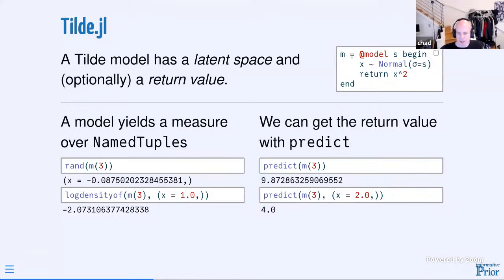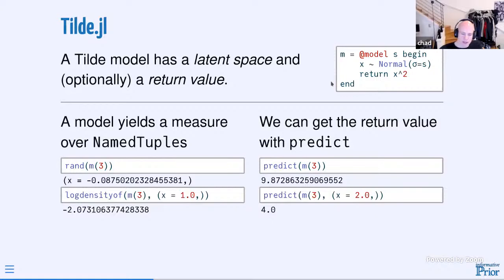Here we treat this as a model. If I say @model s, begin, and then I'm going to draw x from a normal with a standard deviation of s, and then I'm going to return x squared. So think of a tilde model as a function that has some random choices, or more generally, choices from some measures.